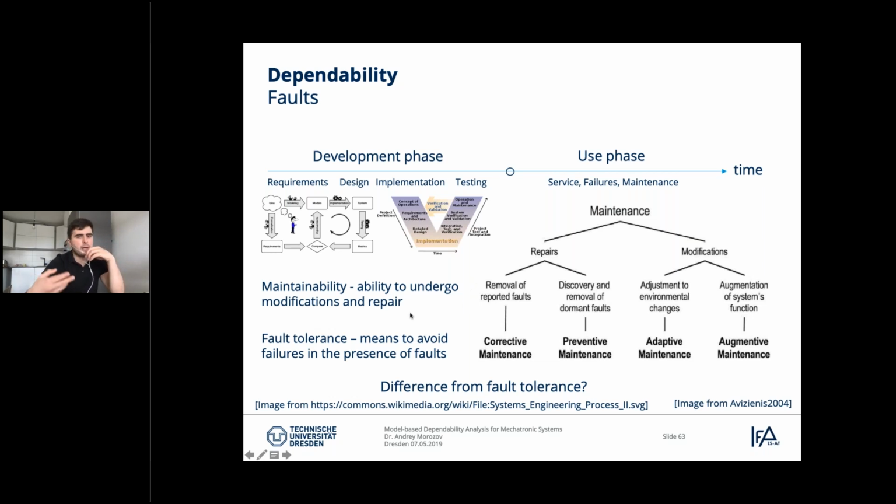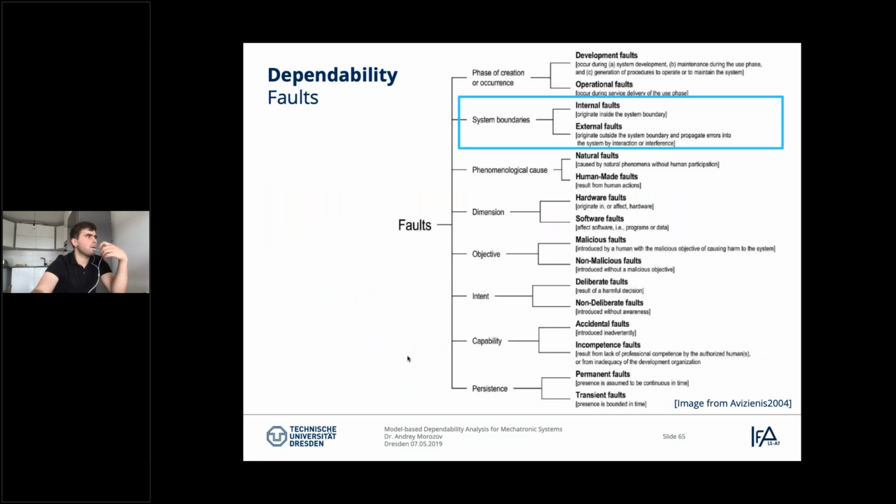I mean, we have a fault in the system, we need to repair it with a human, and this is a kind of maintainability. But if the fault is inside and the system has some backup, some redundancy to avoid failure in the presence of this fault, this is fault tolerance. Yeah, the difference is that in maintainability, humans are involved.